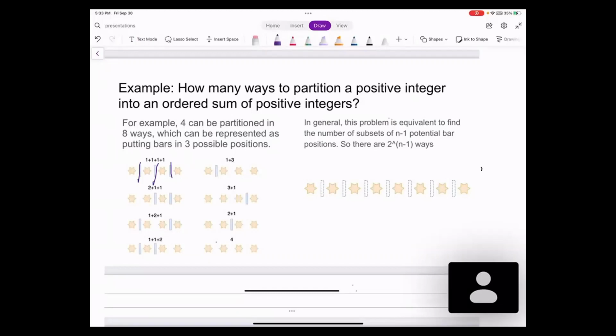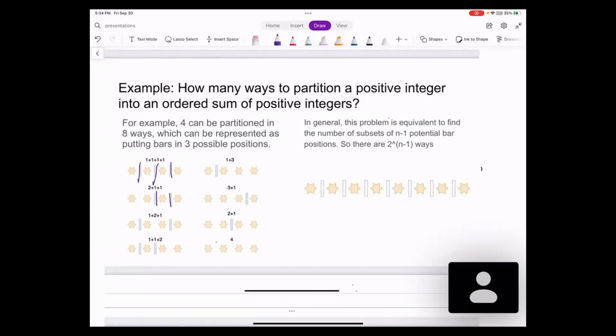If we place one, say, between the second and third, then we get a partition of 2 plus 1 plus 1. And so the number of ways we can partition the number 4 can be found by the number of ways we can place these bars in between stars.